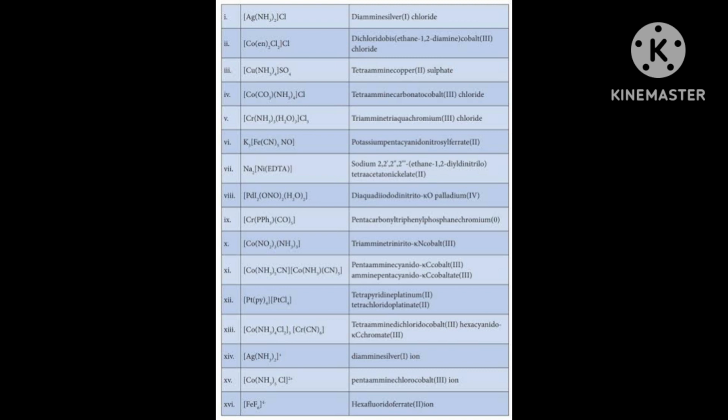So for the anion you write [Ag(CN)2] as dicyano, and for silver, argentate. Argent means silver: argent, ATE, argentate. Correct?